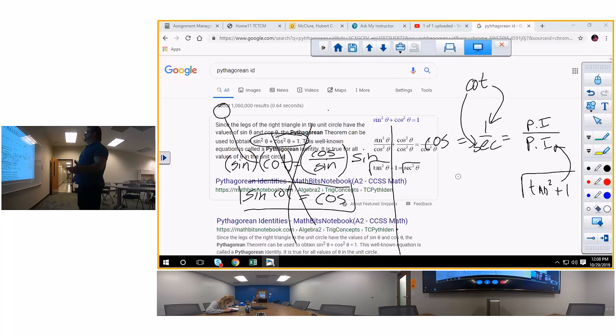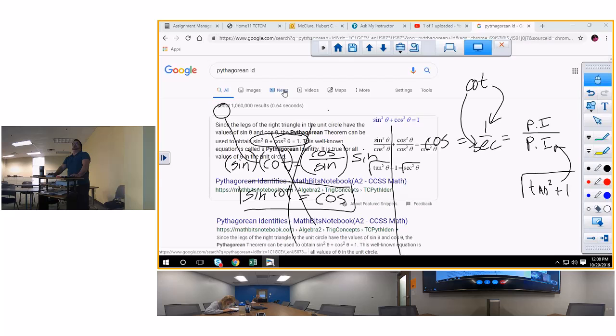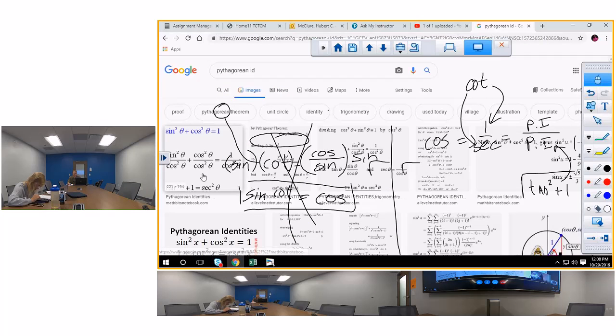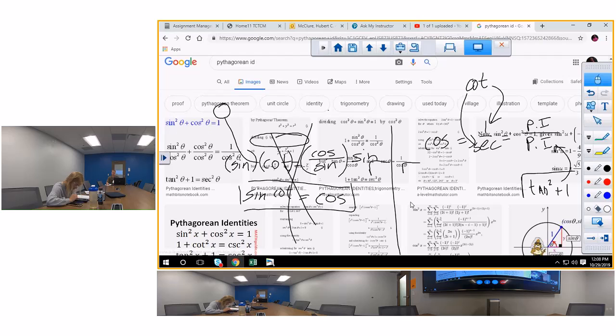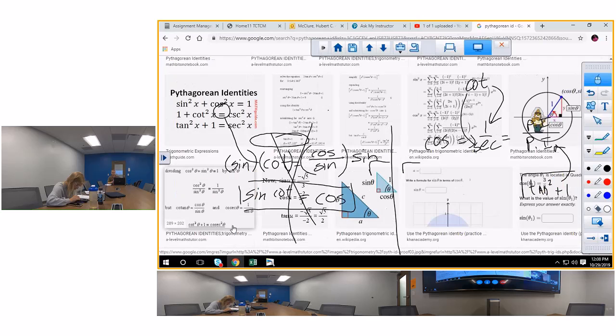Sine plus the cosine, secant, and then there's one more. I don't know why it's not showing all 3 of them. Let me just do this. Cotangent. Yeah, the cotangent, and that's the one you're probably going to be looking for. I'm trying to find it. There it is.